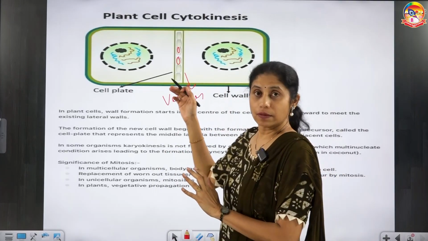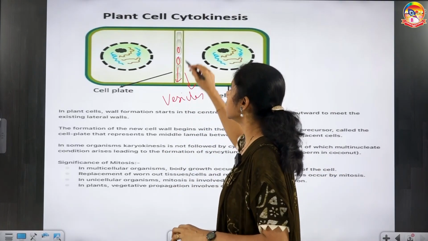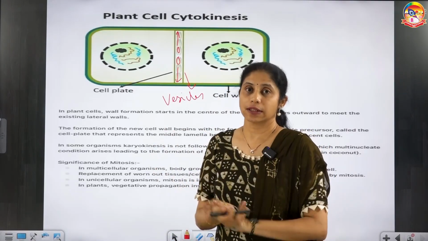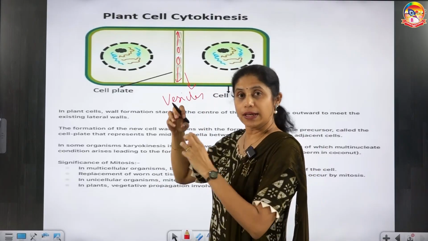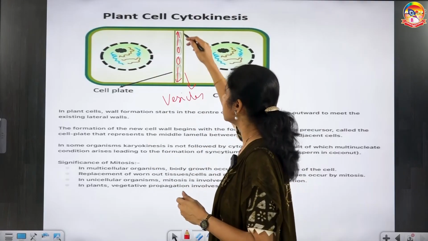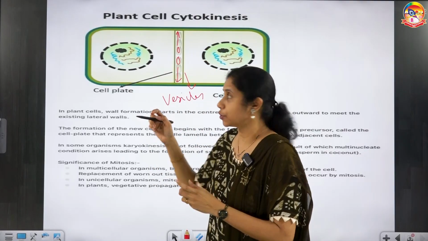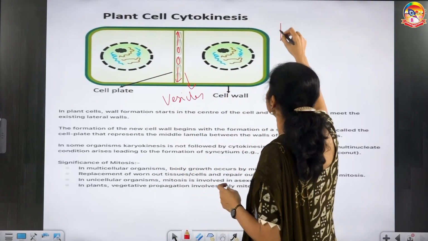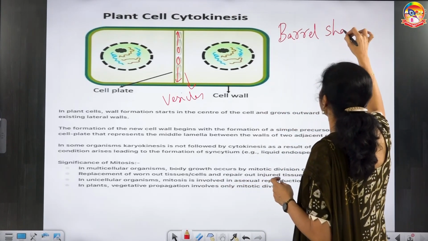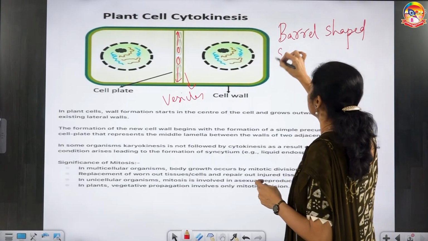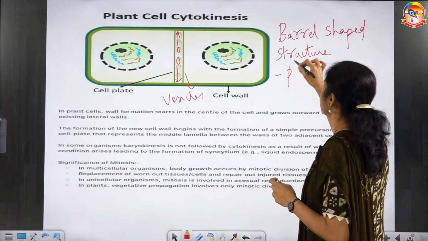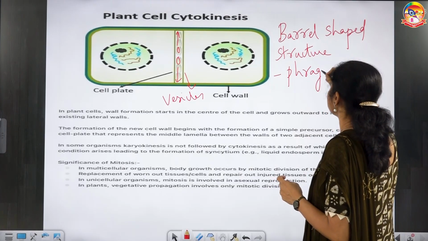Then those vesicles will be growing towards the ends of the cell. They'll fuse and grow towards the ends of the cell. When they go towards the ends of this cell, it will form one barrel-shaped structure. You can see that this is looking like a barrel-shaped structure. This barrel-shaped structure is called the phragmoplast.